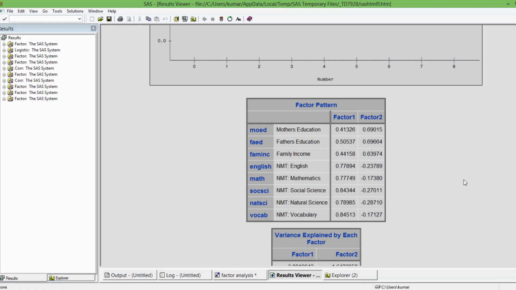The factor pattern gives us the coefficient that is estimated by the estimation algorithm, and we find out which variable is related to which factor. We group variables based on the factor loadings. Instead of coefficient, we actually call it factor loading.